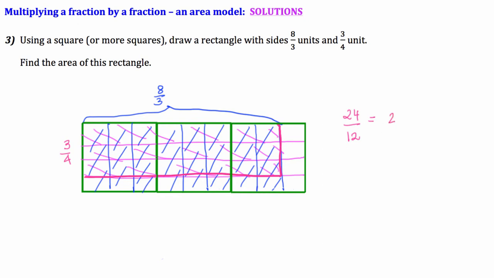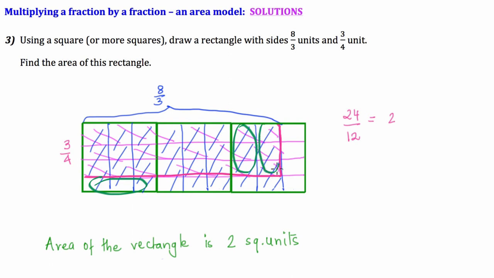And the answer sentence for this problem would be, the area of the rectangle is 2 square units. Now where exactly do you see these 2 square units? So if we take these 3/12 and fit them here, and take these 3/12 and fit them here, we would have gotten rid of these, and these are 2 wholes.